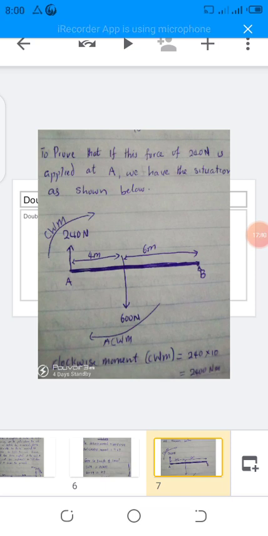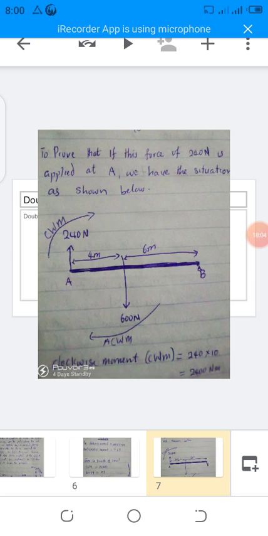And the weight of the object is acting downward, and it will go in the anti-clockwise direction. So this is going clockwise, and the other one will be going anti-clockwise.